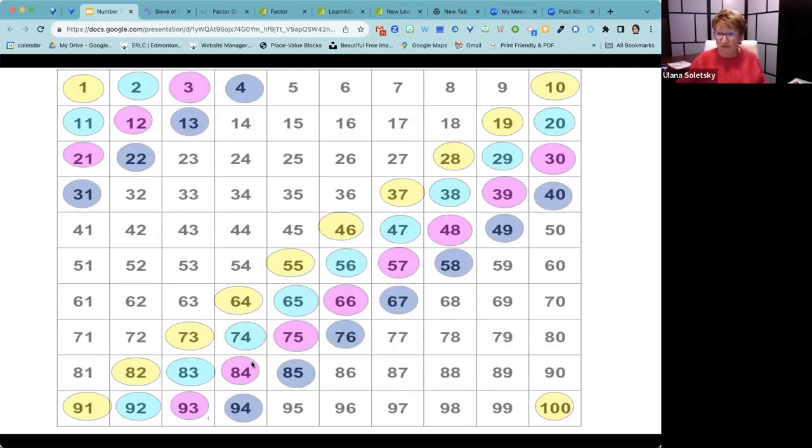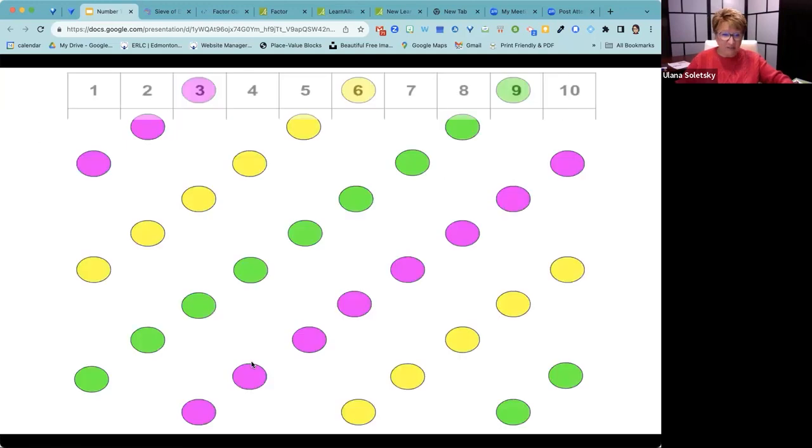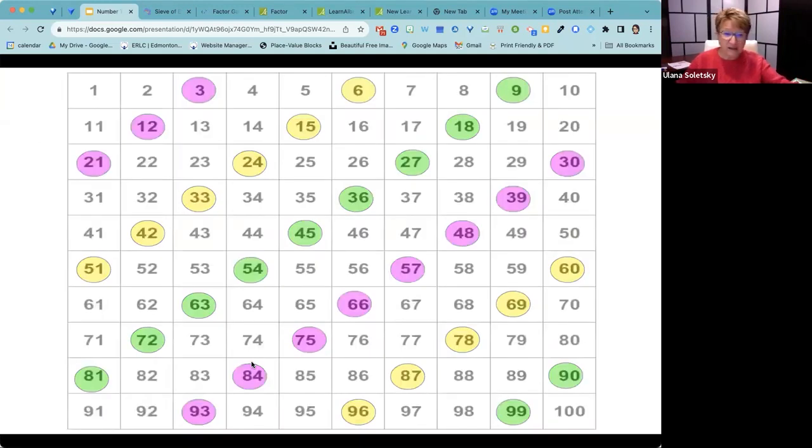So what is the digital root for multiples of 3? Very simple. All of the multiples of 3 have a digital root of 3, 6, or 9. So if you are doing divisibility tests and you want to know, will 3 go into my number without any remainders?